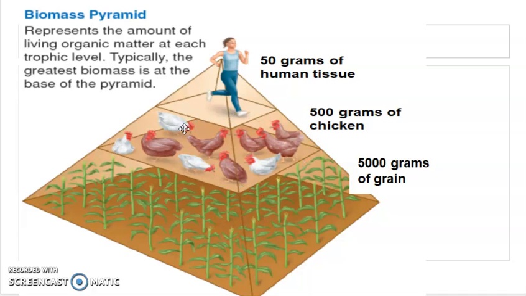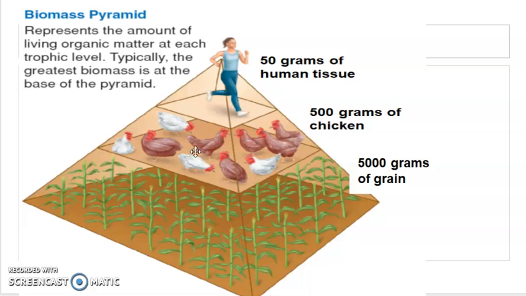And by eating 500 grams of chicken, only 50 grams of human tissue will be made in the human body. Why? Because in each step we are using energy for maintenance, for reproduction, for protection, for storage, right? So these plants do not give 100% of their energy to the next level.